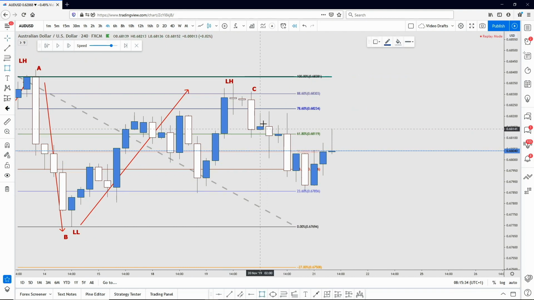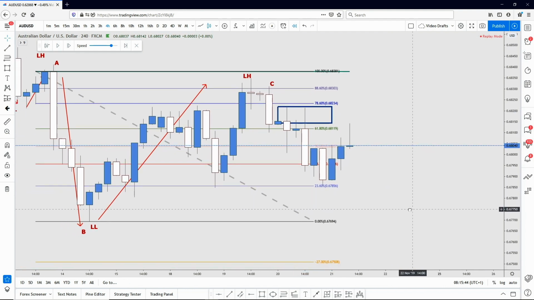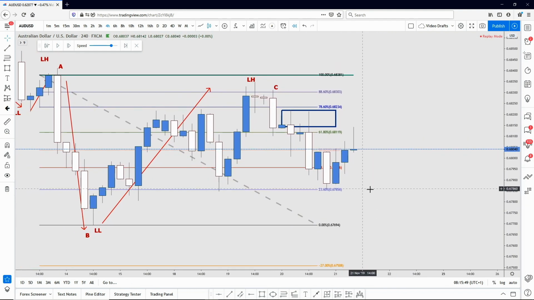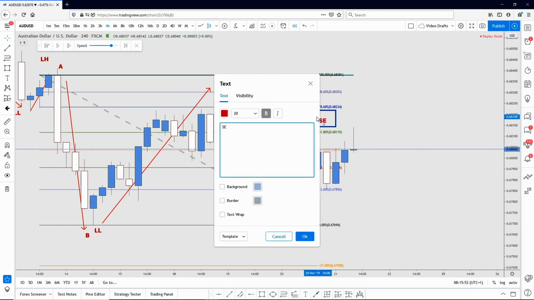So you can see price exited the sweet spot, then fell back into the sweet spot and traveled downwards. We could have placed a sell trade here, and I'll show you later how to enter trades.